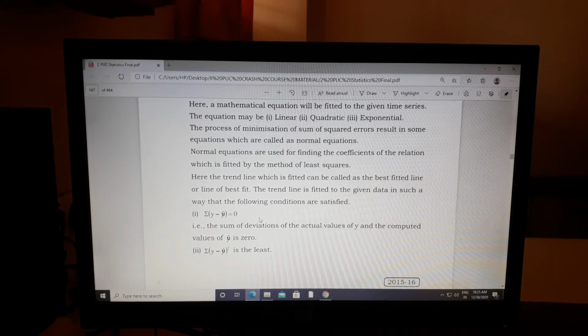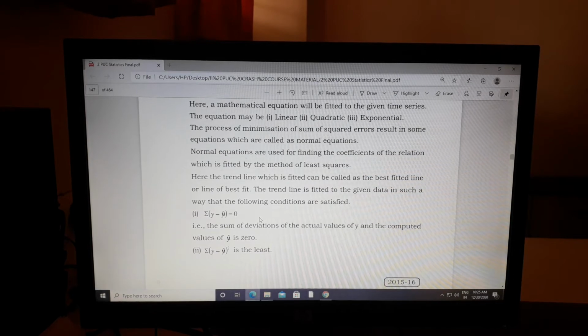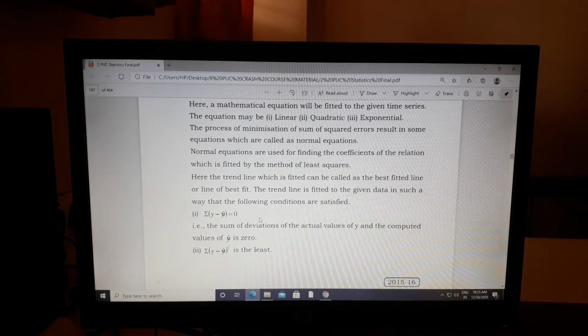That is, condition number 1, the sum of deviations from the actual values and the computed values is always 0, and the sum of square deviations from actual values to the computed values is always least. Okay, so the deviation between actual and computed values, if you get the square sum least, then that is called the least squares method.